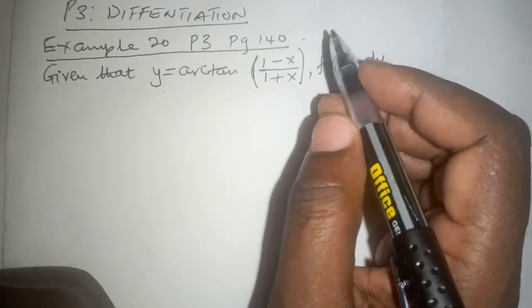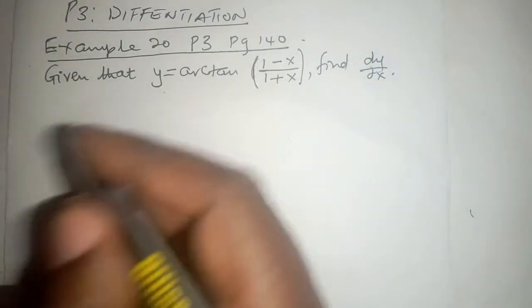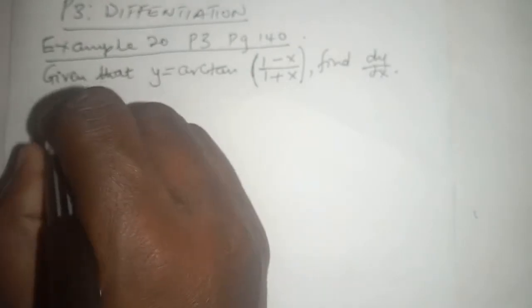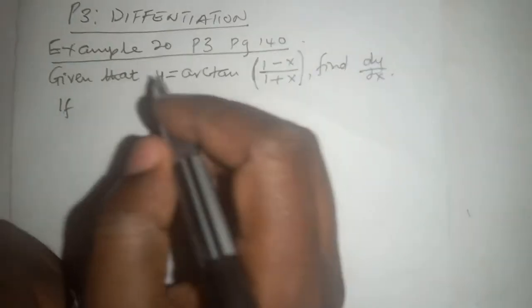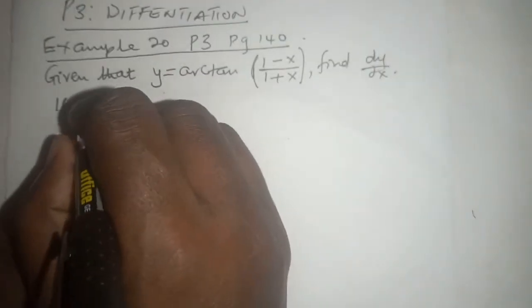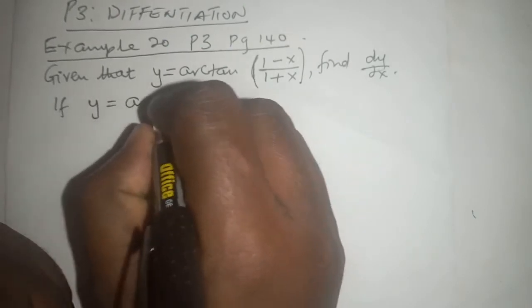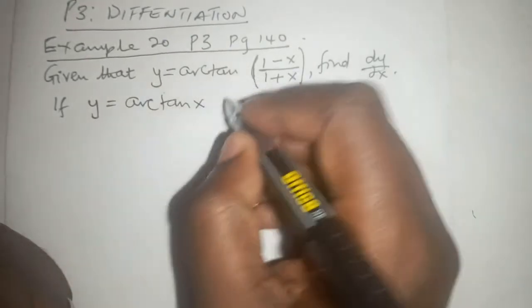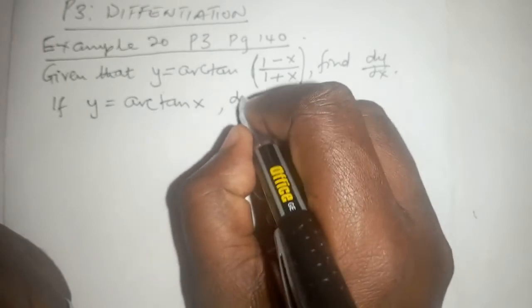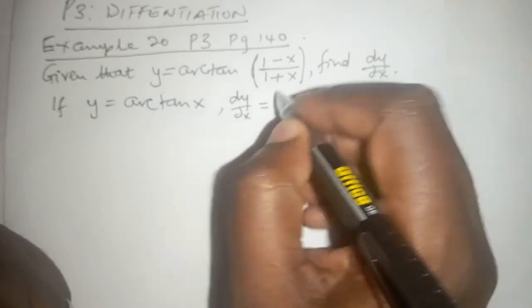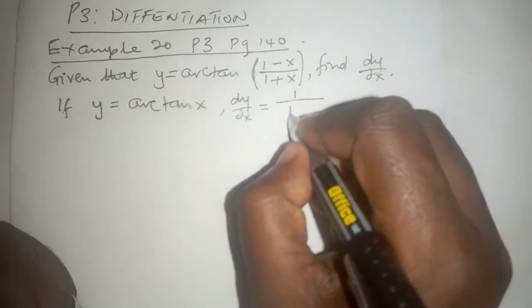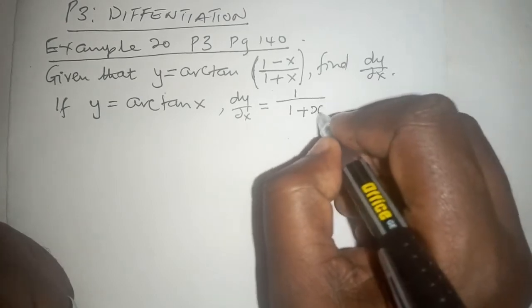We know the rule that you are going to use here, which we learned in the previous video: if y is equal to arctan x, then dy/dx is going to be 1 over 1 plus x squared.